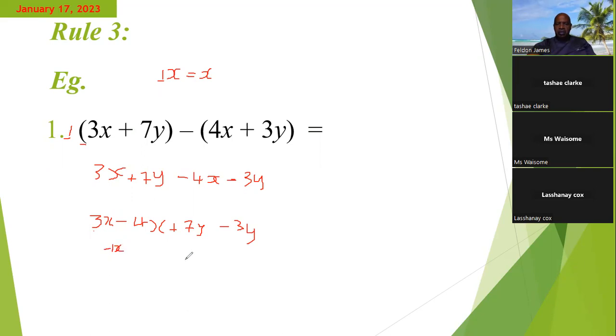Now, generally, we know that if you multiply x by -1, you're simply going to get -x. So oftentimes we just skip out this part. We don't say -1x.